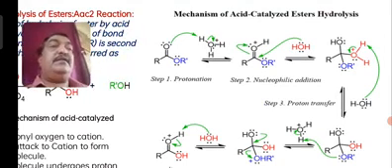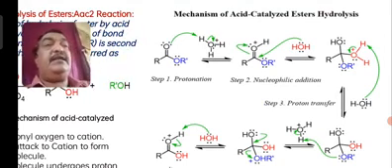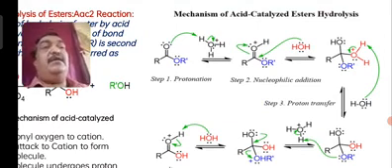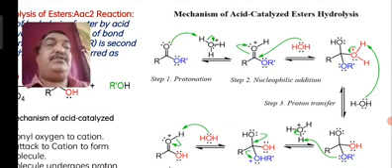Okay, so how does this reaction take place, you can see here. Don't get confused. Either you can take H3O plus or H plus, it doesn't matter, as a proton. In the first step, protonation: RC double bond O, OR dash, when treated with a proton, either H plus or H3O plus, the proton attacks the oxygen, making oxygen plus.